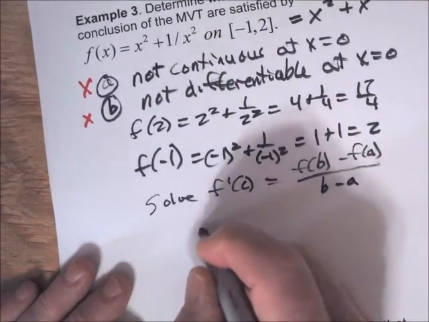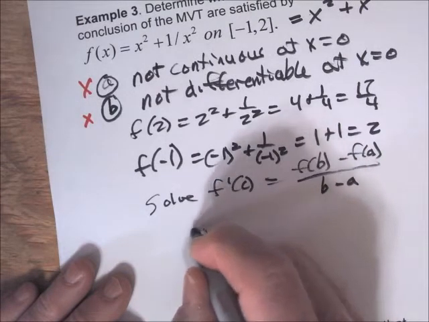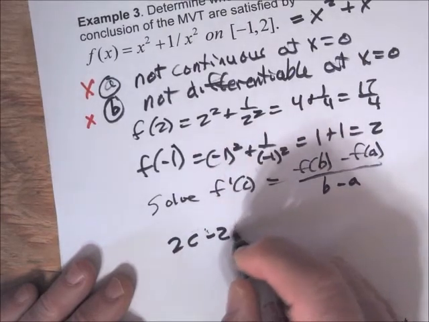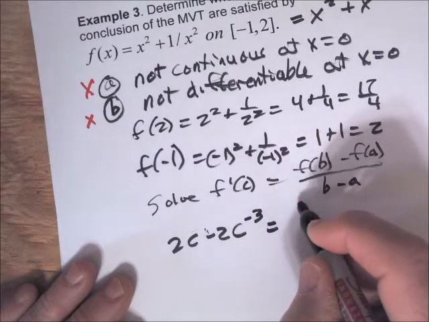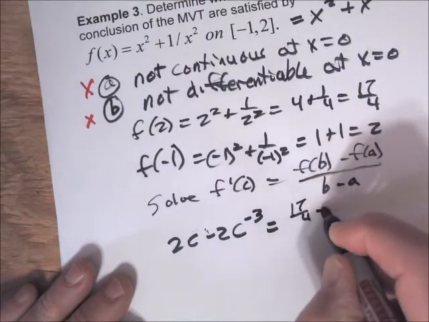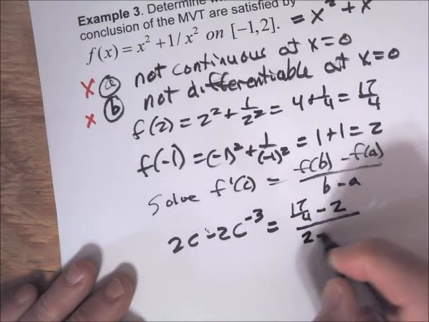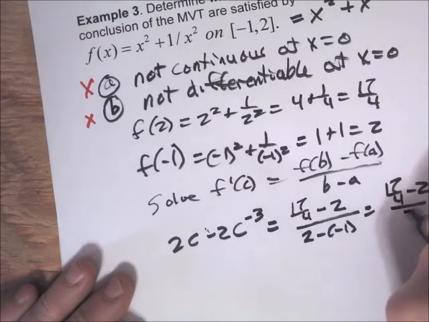F prime of c is going to be 2c minus 2c to the minus 3. F of b is 17/4 minus f of a is 2, over 2 minus -1. 17/4 minus 2 over 3.